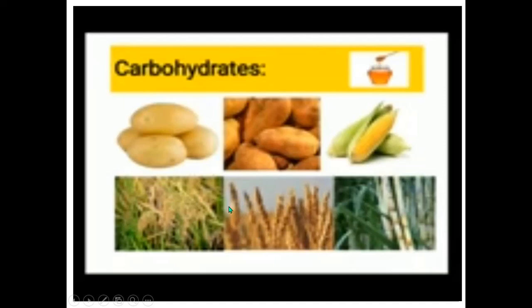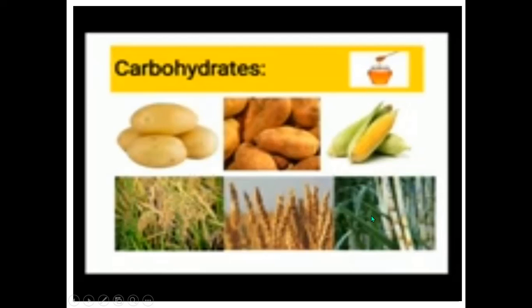These are some examples of food items which contain the nutrient called carbohydrate. Children, one more time I will repeat: potato, sweet potato, rice, wheat, corn, honey, sugarcane.